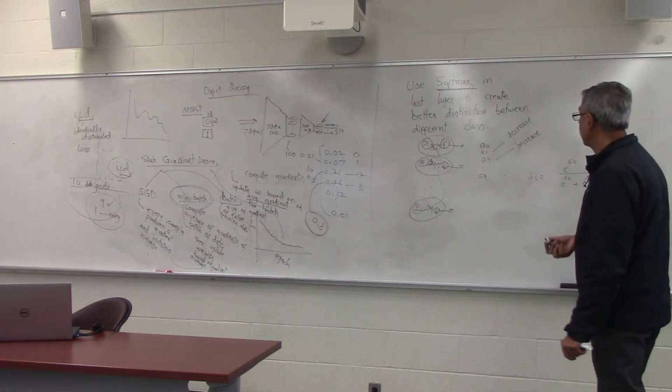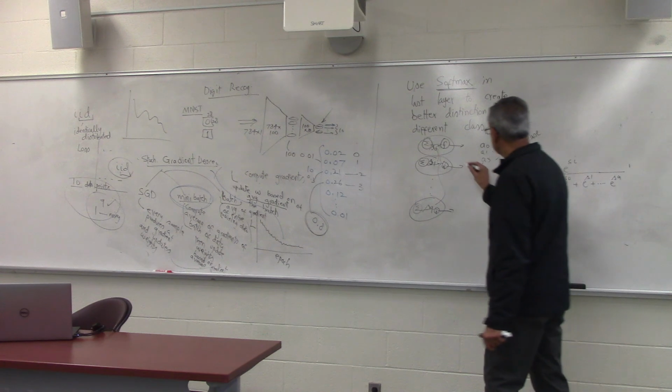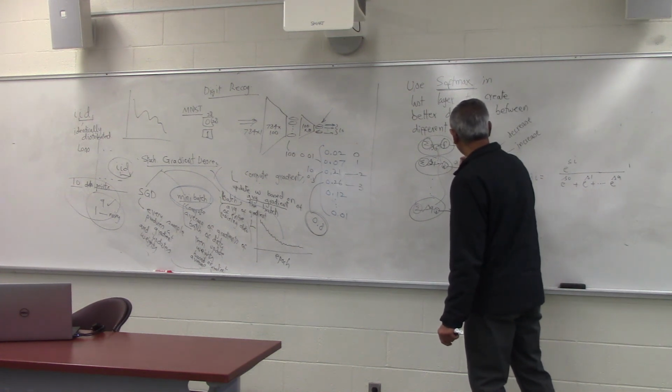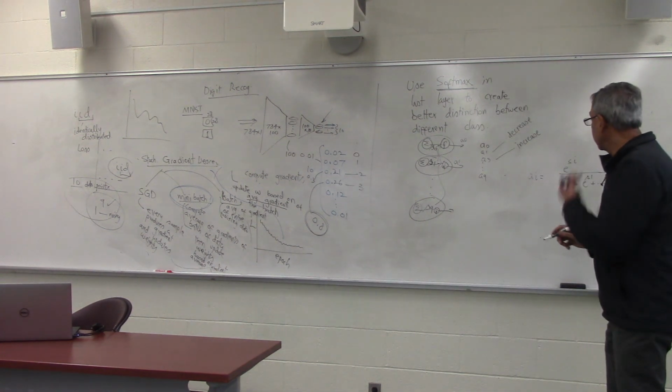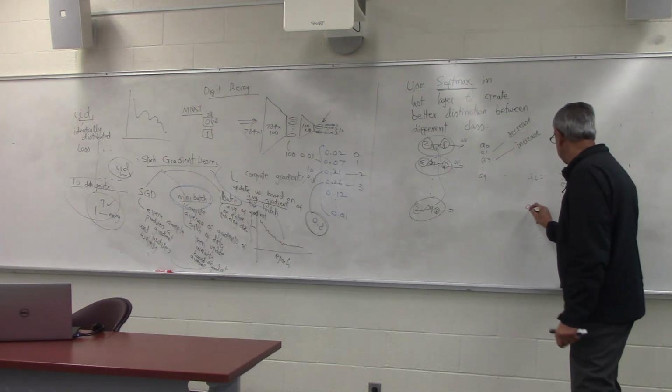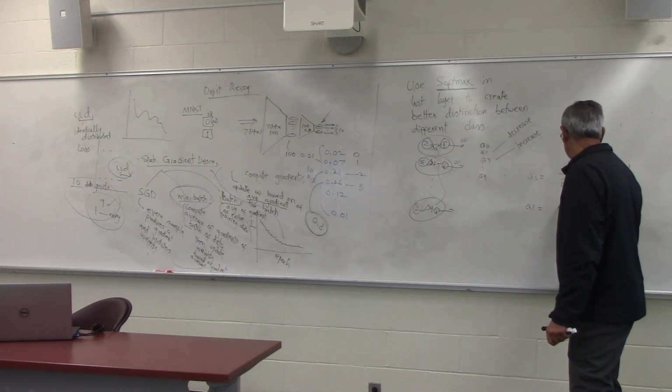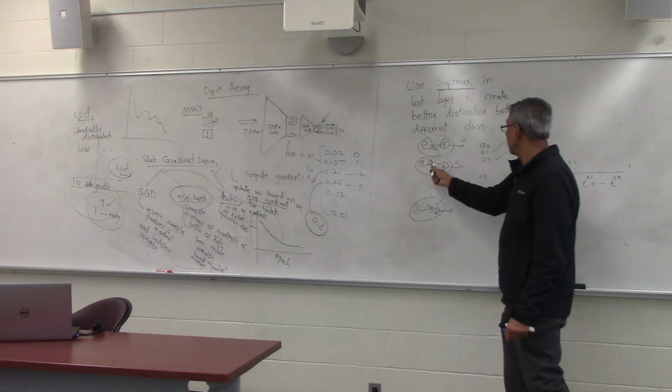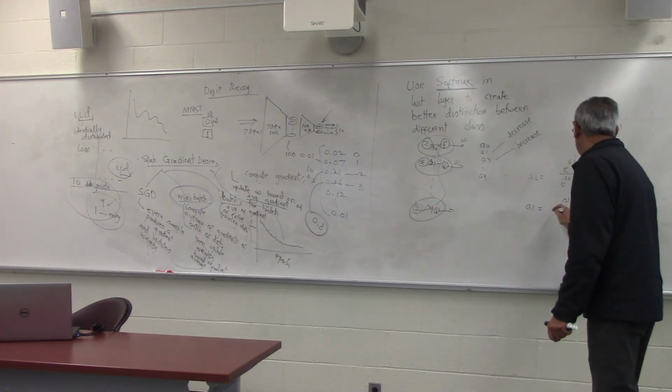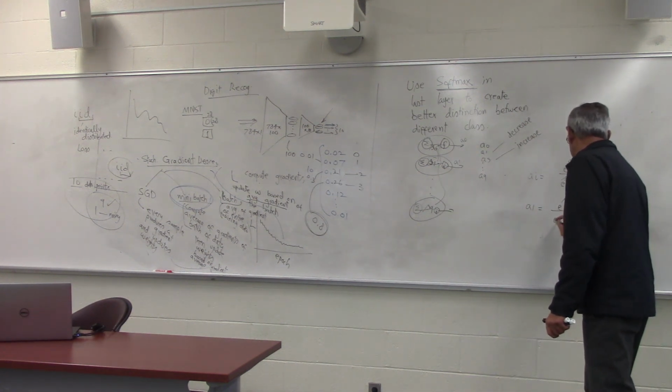So for example, this is A0, this is A1, right? If I were to write the formula for A1, what will this be? e to the S1, whatever sum I produced over here, divided by the sum of all.